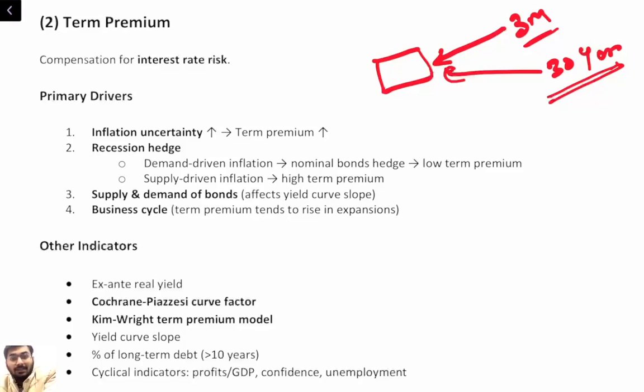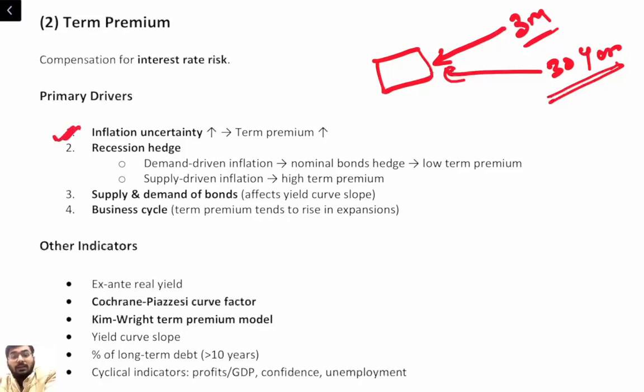Even there is a possibility that my country can also come under a debt crisis. That is also a possibility. Clear? So I am an investor, and I am demanding extra return because I'm investing in long-term bonds rather than short-term bonds. Clear? Now, what are the possible risks? It starts with inflation uncertainty.